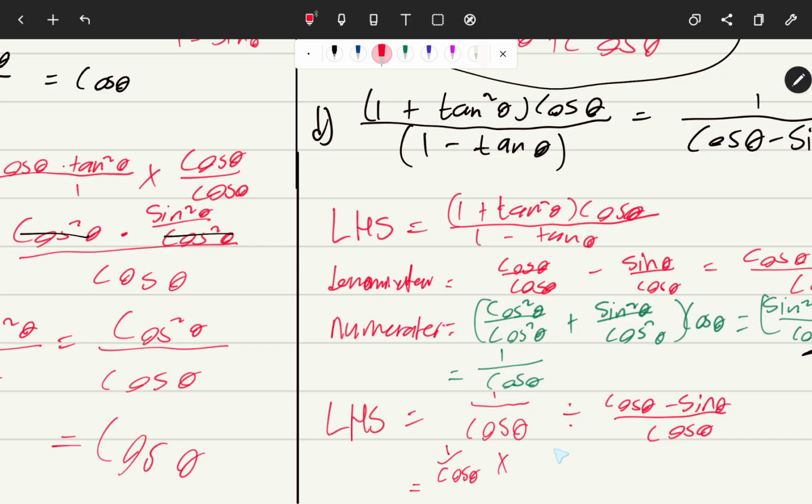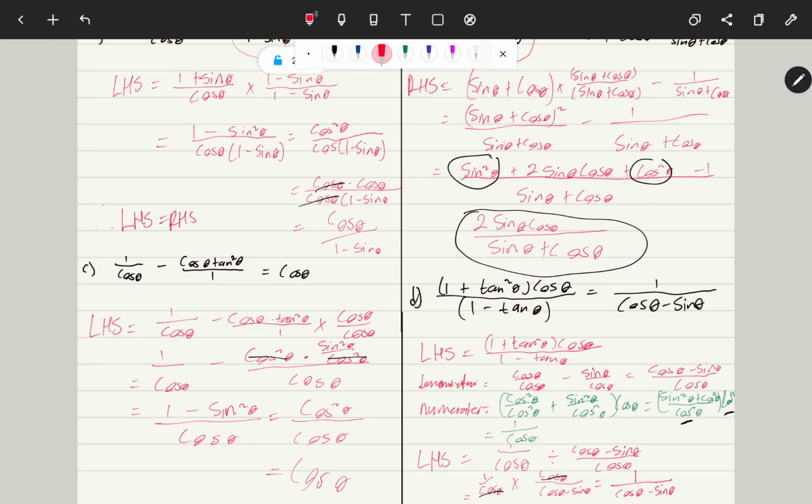Then multiply by cos theta divided by cos theta minus sin theta. And then what's going to happen, they're going to divide each other. Then your final answer is going to be 1 all over cos theta minus sin theta. Booyah! So you are done.